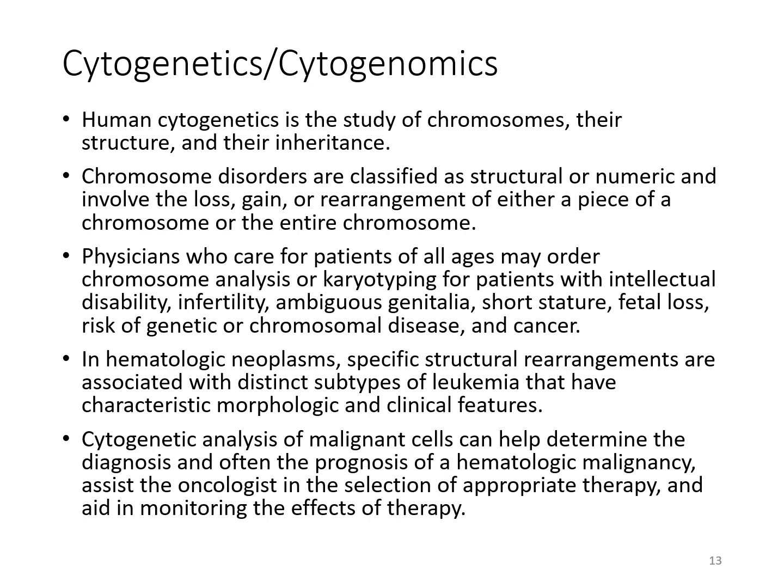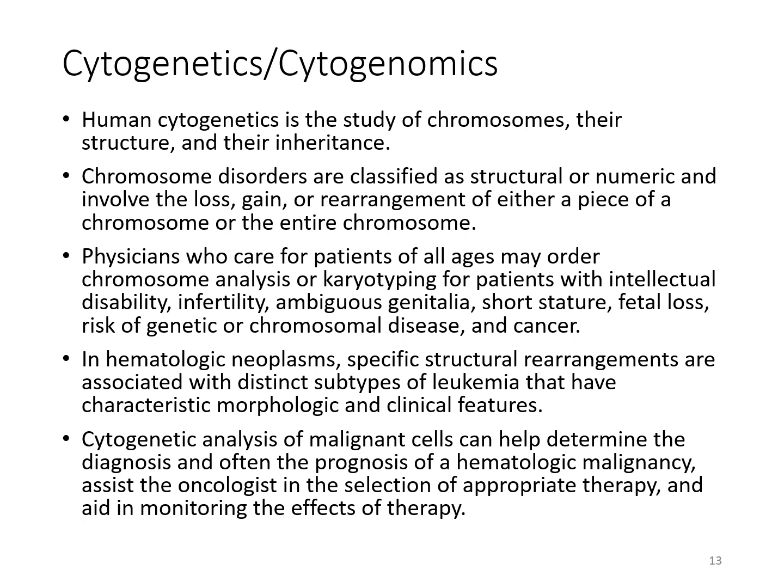When we look at it from a cancer standpoint, or a hematological neoplasm, we're looking for specific structural rearrangements that are associated with distinct subtypes of leukemia, which we've typically gone by the morphological characteristics and clinical features. We can add this extra component to it.